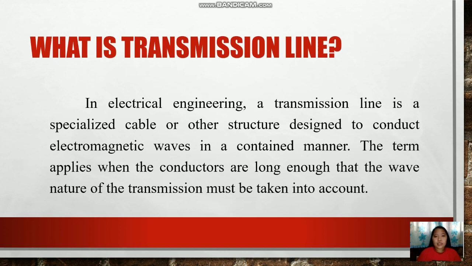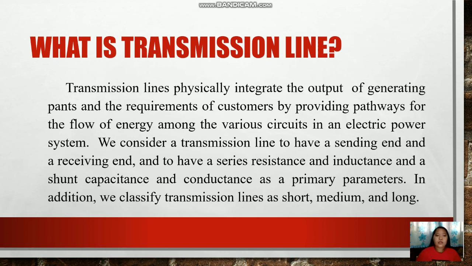Transmission lines are made up of conductors having a uniform cross-section along the line. They physically integrate the output of generating plants and the requirements of customers, providing pathways for the flow of energy among the various circuits in an electric power system.